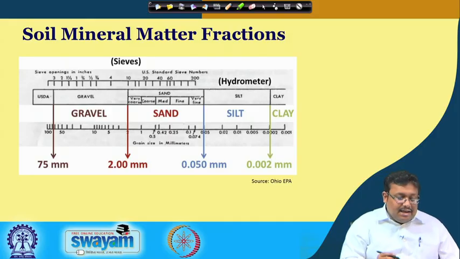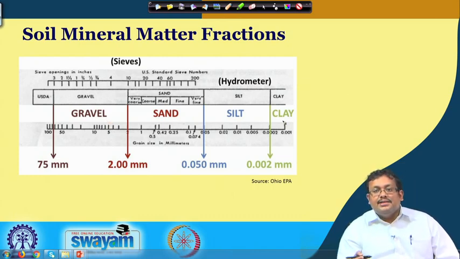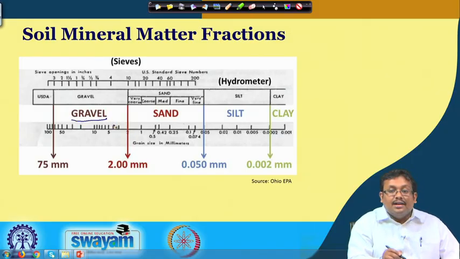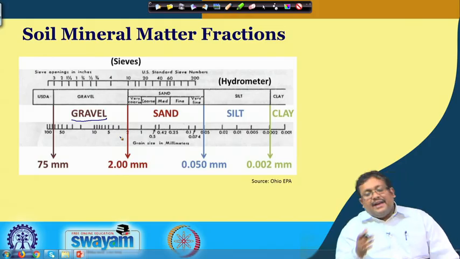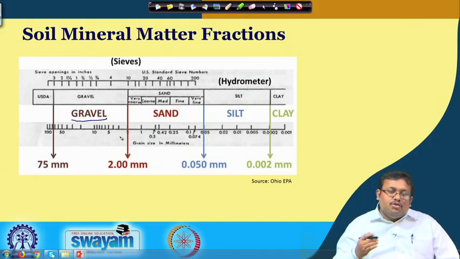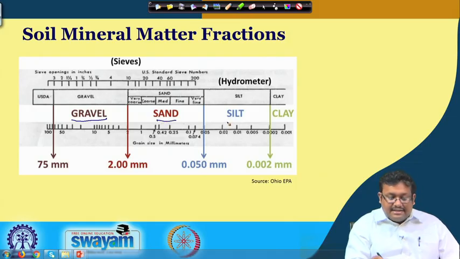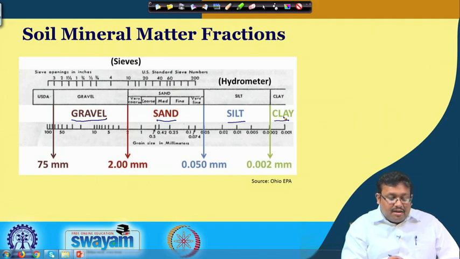For example, in the size distribution here, we can see gravel, sand, silt and clay based on their particle size diameter. However, gravel technically does not come under the soil definition because it has a diameter greater than 2 millimeter. The fraction below 2 millimeter is differentiated into three major categories: sand, silt and clay.